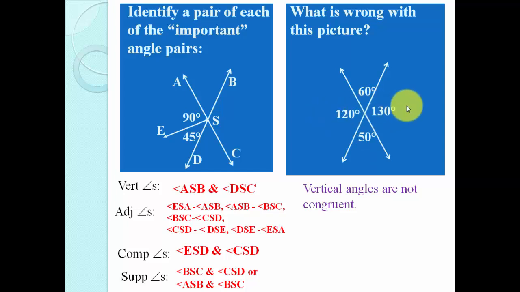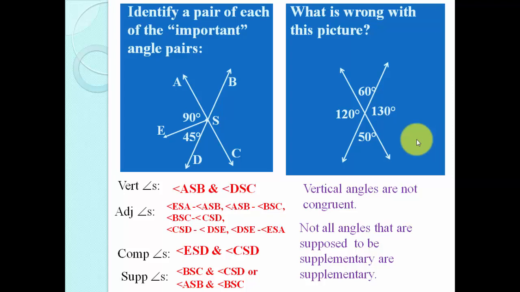Anytime you have vertical angles, they have to be congruent. Next, not all the angles that are supposed to be supplementary are supplementary. Right here, the 60 and the 130 do not add up to 180, and the 120 and the 50 do not add up to 180, and those are both supposed to be supplementary angles.